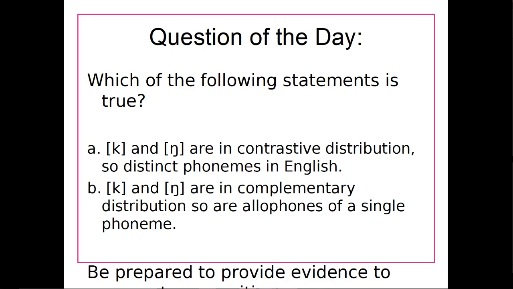Or those two sounds are in complementary distribution, so are allophones of one phoneme. What we would want to do here is think about whether there are any words where k and ng occur in the exact same environment and they are two different words. If you take some time to think about that, we can come back to it at the end and see if you thought of any and see if you got it right.